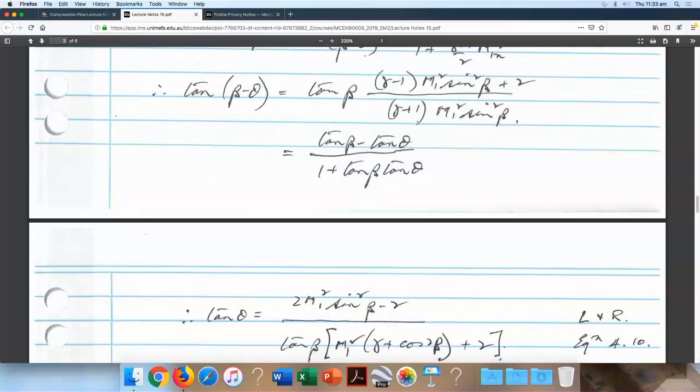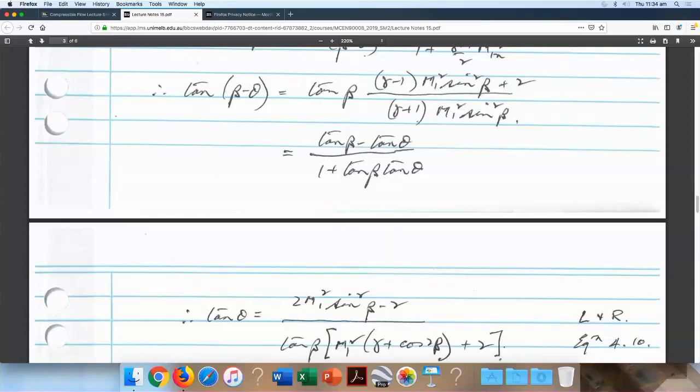And if you want to see it derived in everlasting detail, you can go to Liepmann and Roshko, and it's equation 4.10. So this is a very important result. That's a general result. The flow will turn through an angle theta if M1 has some value and beta has some value.